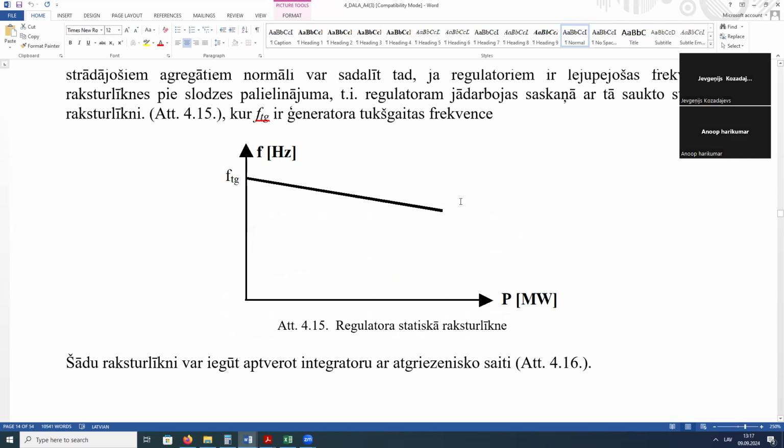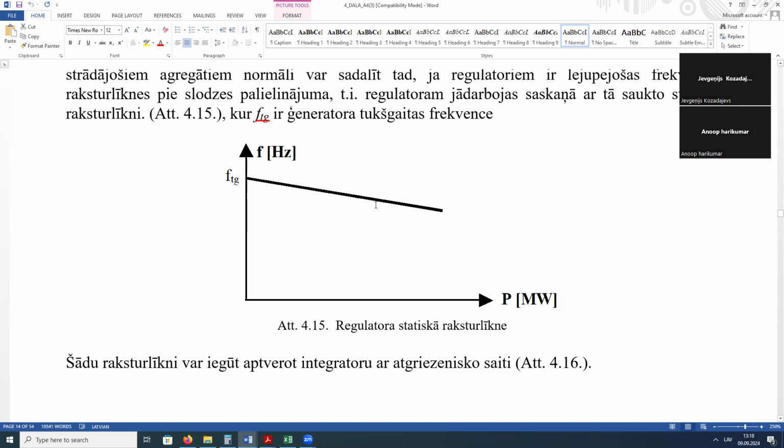It is a simplification, but it is true, it is possible, and it is easy to use in practice. So we are interested in deviation around the value of 50 hertz, and this piece of curve we could linearize and use this straight line.